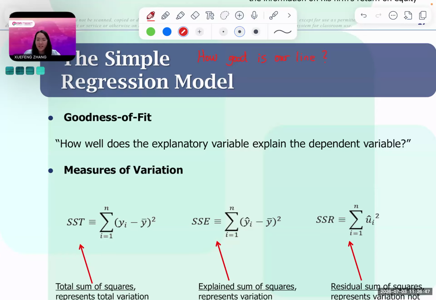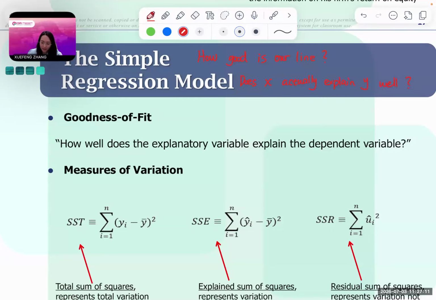Does X actually explain Y well? This is called goodness of fit, okay?